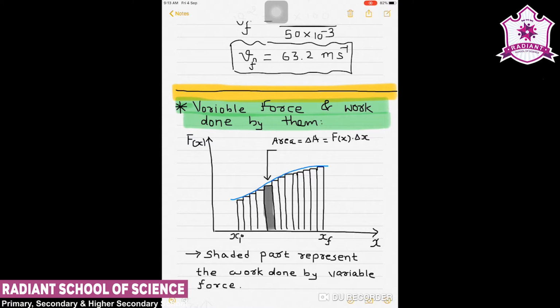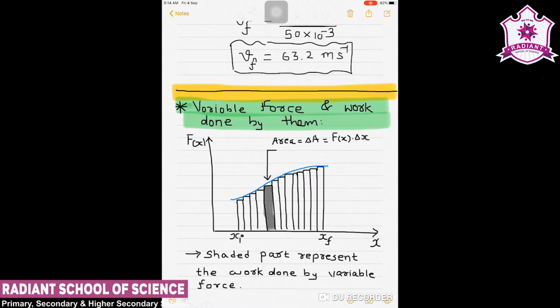Now first, we will consider the point xi and we consider that the force is acting on some particle in such a manner that when the particle moves from xi to xf, it will experience a different force continuously from xi to xf.